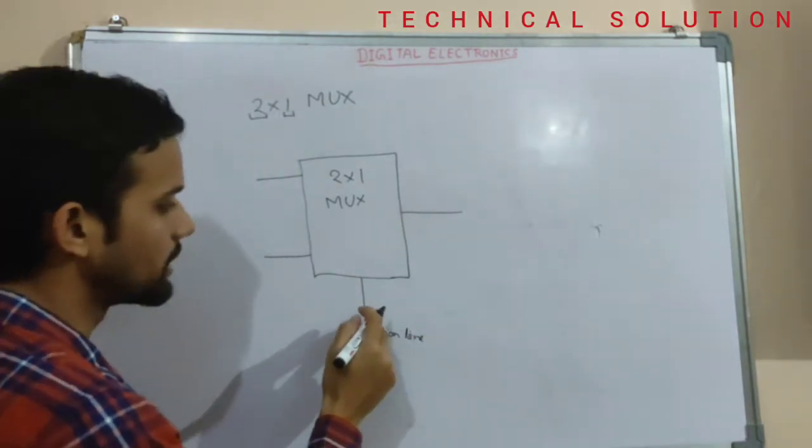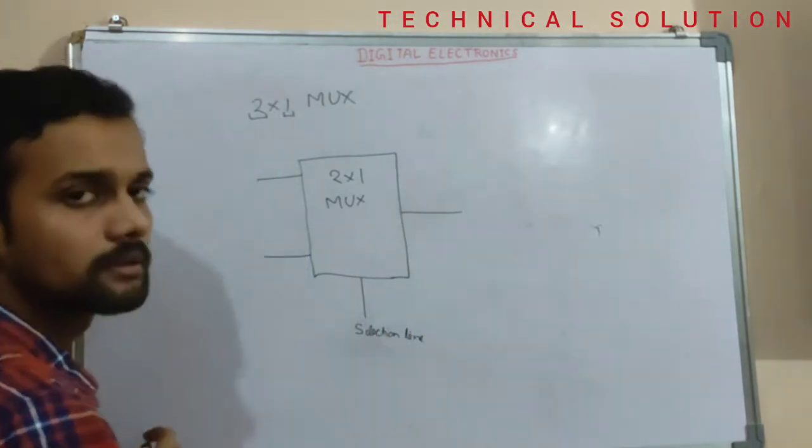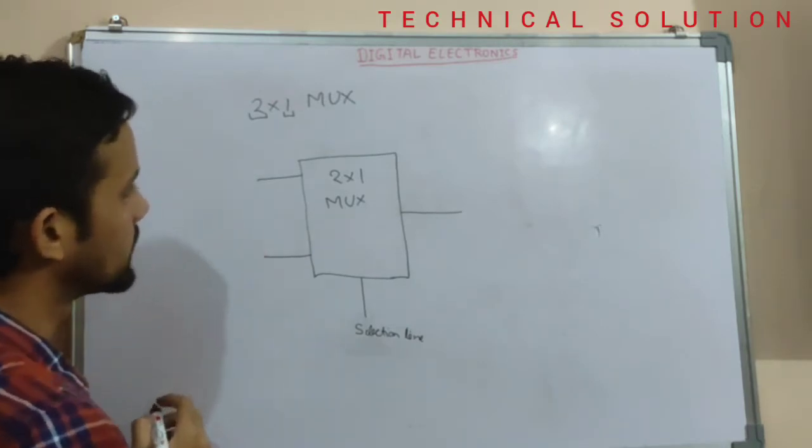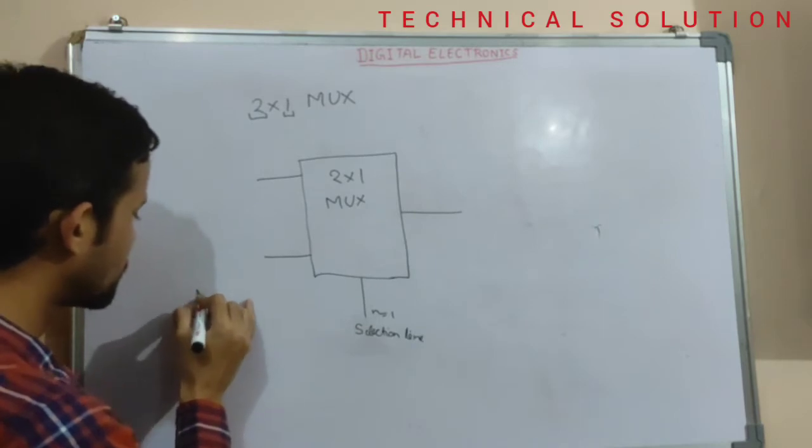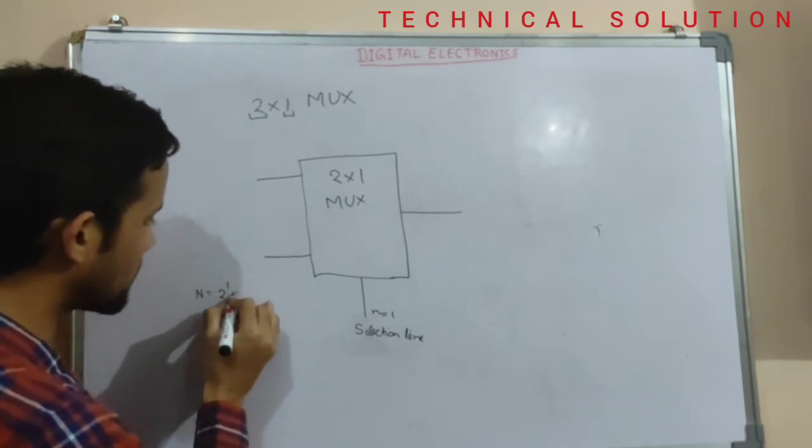If the selection line n equals 1, then the inputs are 2 to the power 1, that is 2.